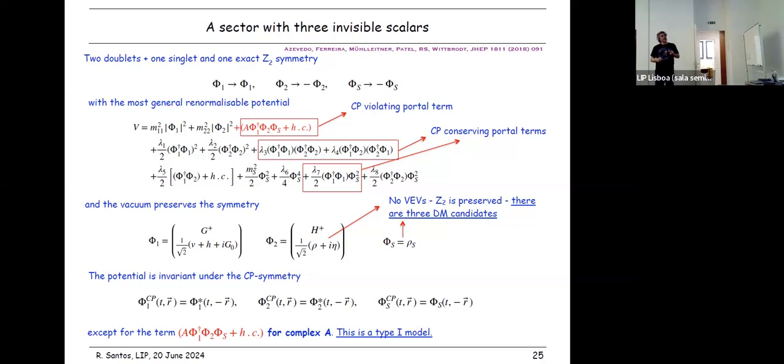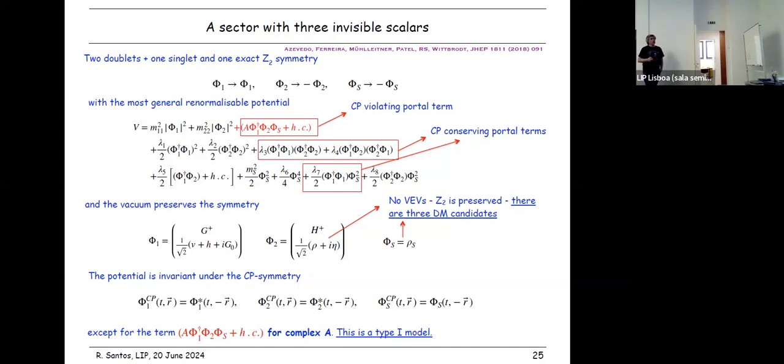Now, this is a portal term, it's a CP conserving portal term, and also this one is a CP conserving portal term. But you can use this term here, and this is a CP violating portal term. If you do this and you put no VEV here, then this Z2 symmetry is preserved, and there will be three dark matter candidates. And what is interesting about this model is that you will have three dark matter candidates, and at the same time you have CP violation in the dark sector.